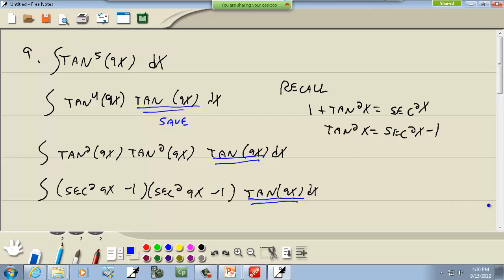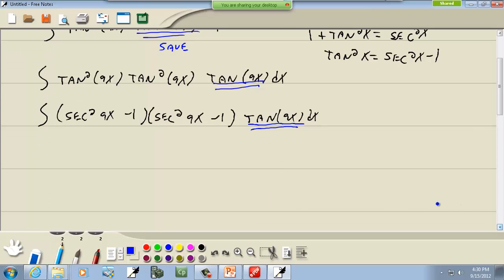Okay, now I'm going to multiply those together. Secant squared times secant squared is secant to the 4th. Secant squared times negative 1 is negative secant squared. Negative 1 times secant squared is negative secant squared. And negative 1 times negative 1 is a positive 1.